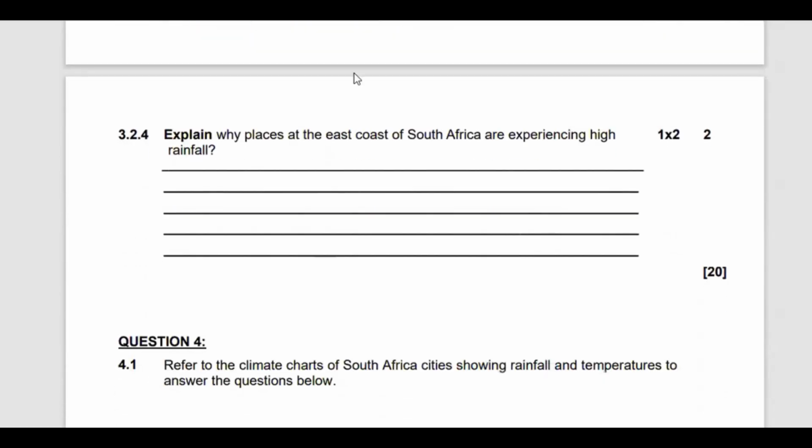Okay, then we have explain why places at the east coast of South Africa are experiencing high rainfall.